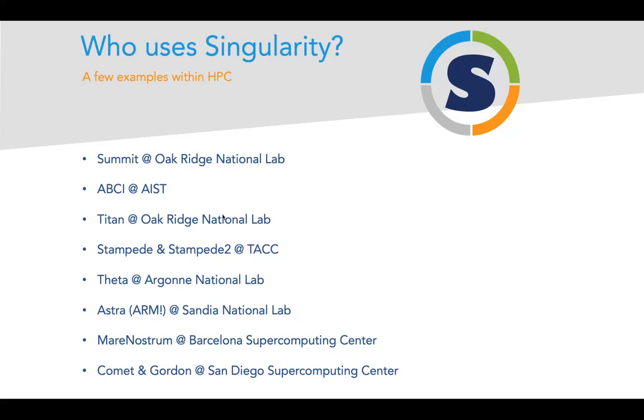Also, I have highlighted down here Astra, which is currently the fastest ARM supercomputer, is using Singularity. And then I'm not going to go through all these, but you can see there's lots of names that you're probably familiar with. Lots of big centers in HPC are obviously using Singularity, and it's obviously working pretty well for them.